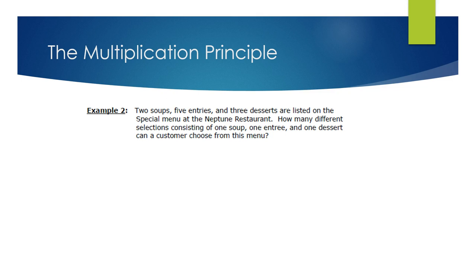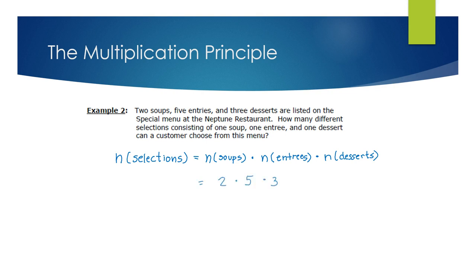Again, the number of selections would be the number of soups times the number of entrees times the number of desserts. So that'd be 2 times 5 times 3, which means there are 30 different meals.